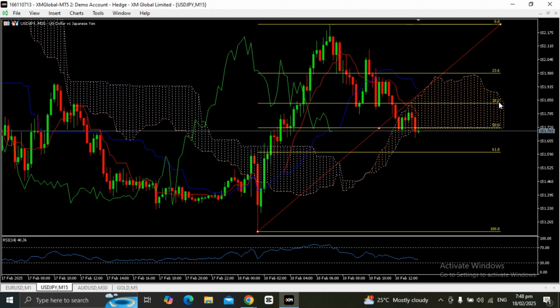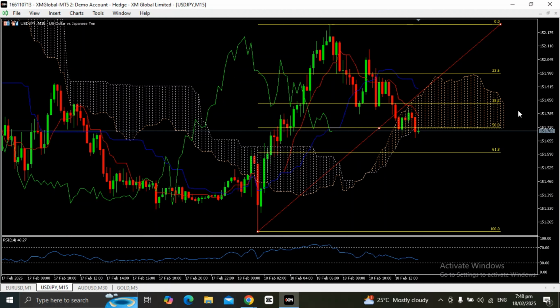price is currently moving. Okay, so for example here, now the 50%, this is also considered psychological support or resistance, as I've said, depending on where your price is.